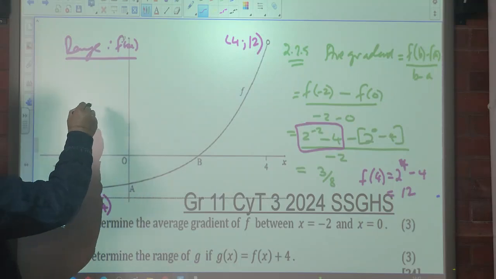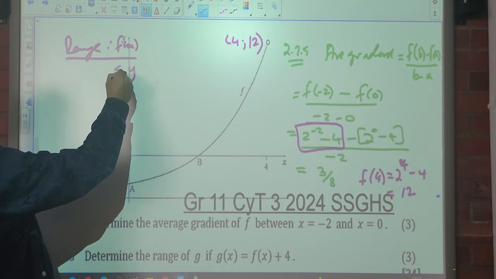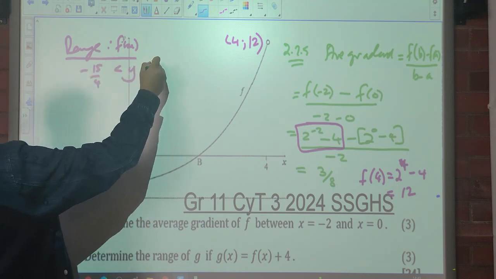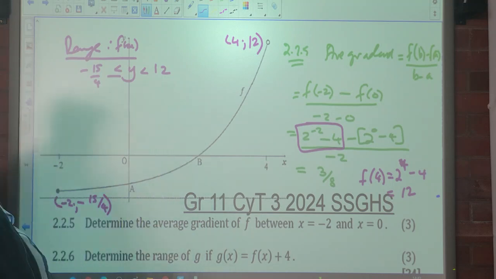So the range of f of x as it stands, we always read from negative to positive. Y must be greater than negative 15 over 4 but less than 12. Can it be equal at negative 15 over 4? Yes, but not equal at 12.